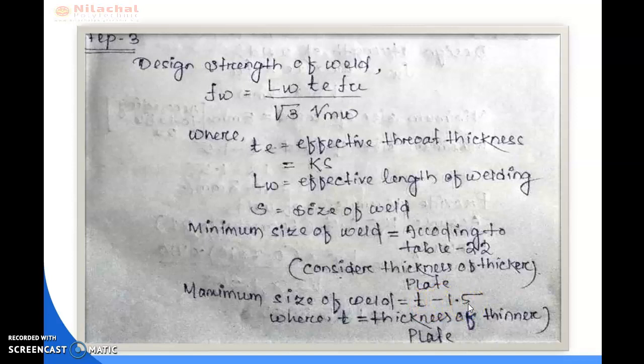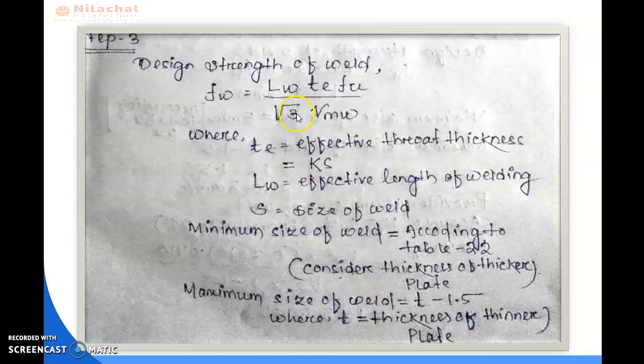Whatever amount you get, that is your maximum size of the weld. Then you have to provide the size of the weld always nearer to the maximum size of the weld. Okay.